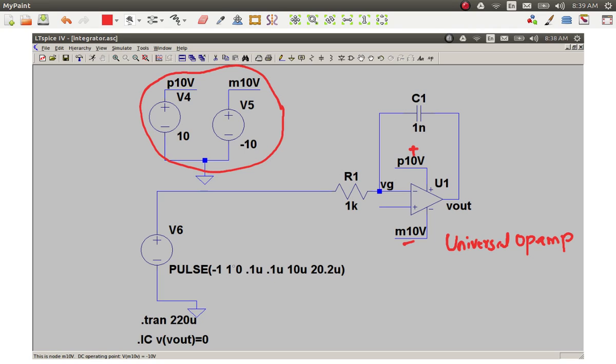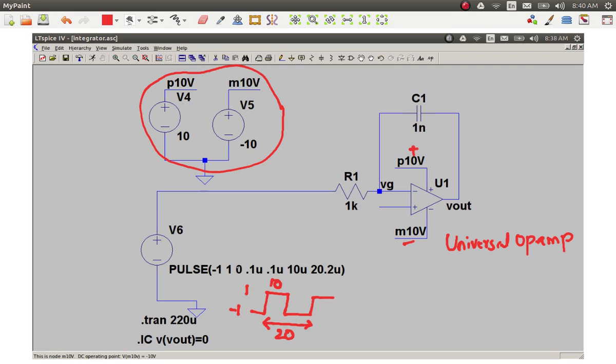And the input is a square wave. The square wave I'm using here starts from minus 1, goes to 1.